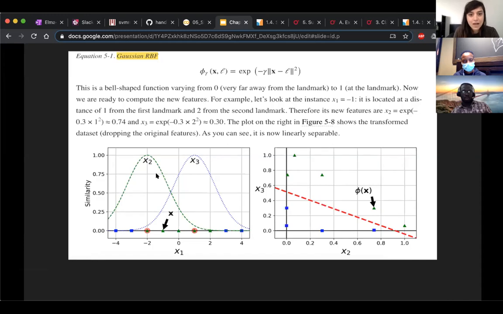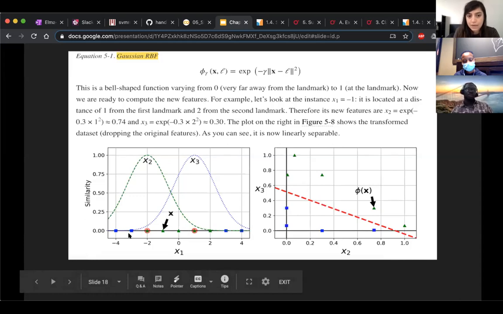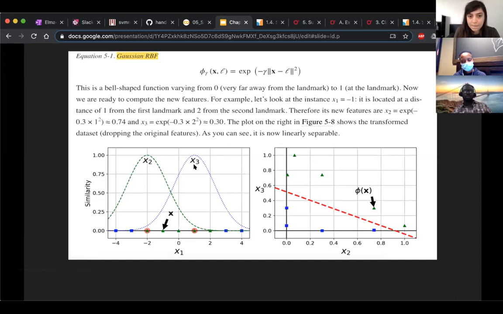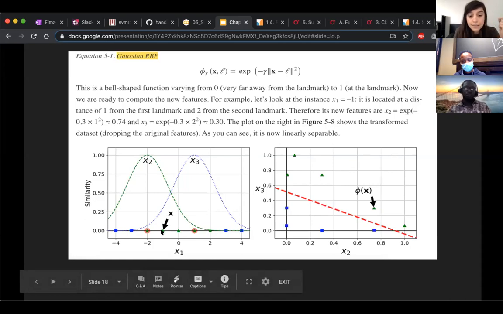That's why he is using a Gaussian, bell-shaped function, and putting it on different areas of your data set. Again, we're dealing with the same one-dimensional data set, spread like this, and our job is to classify green from blue. So we put two different landmarks, US and UK, then go through each instance in our training set and see how far they are from these two landmarks.